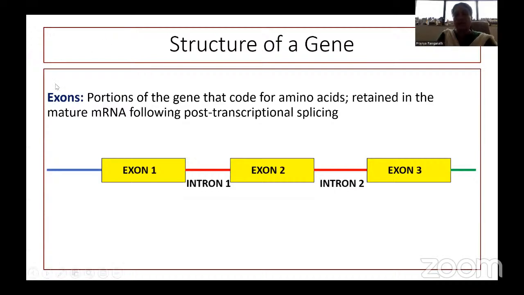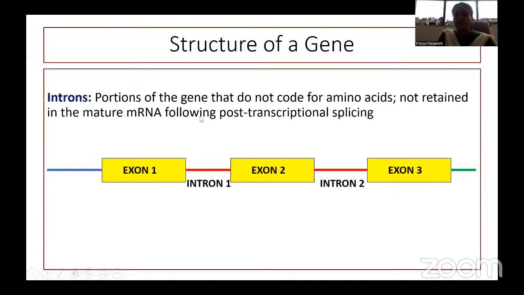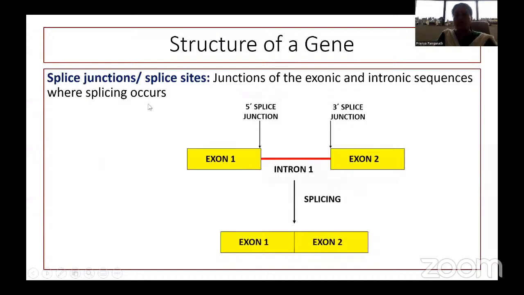So what are exons? Exons are portions of the genes that code for the amino acids, and they are retained in the mature mRNA following post-transcriptional splicing. Whereas introns are the portions of the gene that do not code for the amino acids, and these are not retained in the mature mRNA following post-transcriptional splicing.